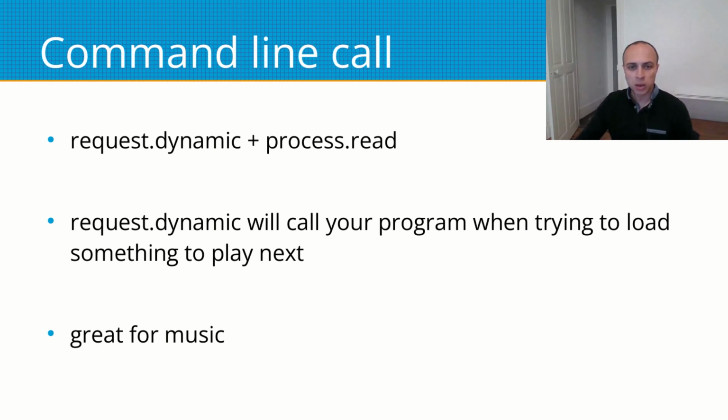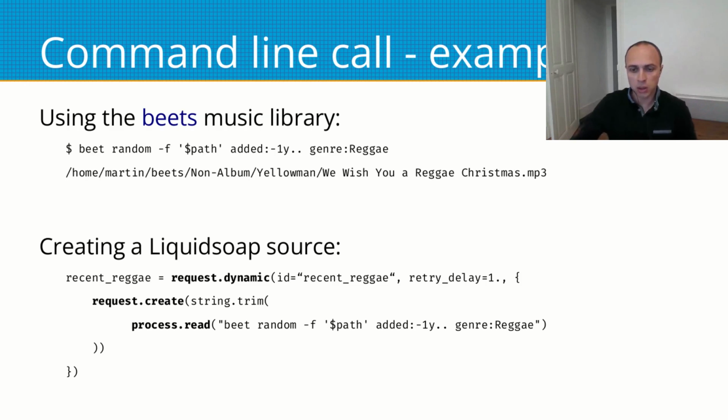So basically, request.dynamic will call a function that will call your program anytime it needs to load something next. The upside of this method is that it will call your program, I think, like 30-40 seconds before the end of the current track. That works very well for music, and this is how we schedule music in our radio.